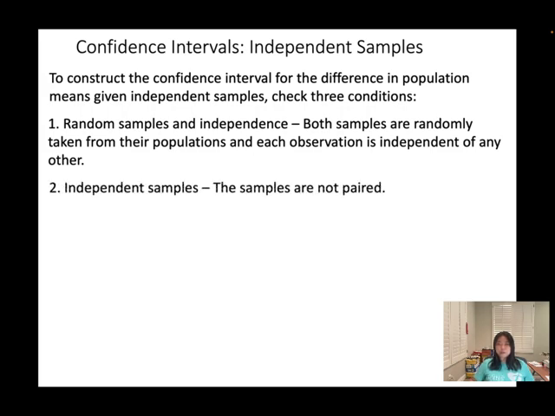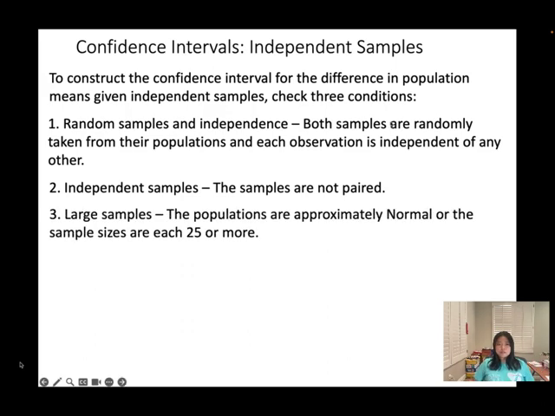The samples are not paired, so the samples from population 1 and population 2 are not paired. Number three, large samples. Populations are approximately normal or the sample sizes are each 25 or above. This is talking about fulfilling the central limit theorem: either the original population is normally distributed or the sample size is at least 25.